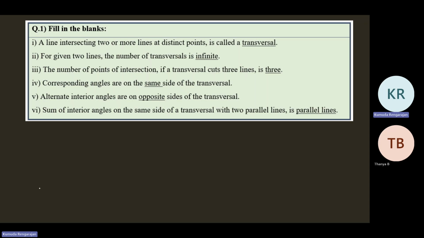The number of points of intersection, if a transversal cuts three lines, is: there are three lines, 1, 2, 3. Now there's a transversal. How many points of intersection can we see? We see a point of intersection here, here, and here.